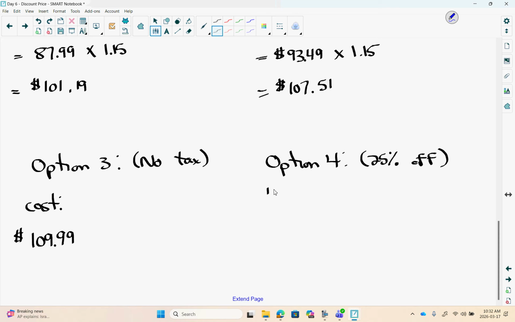So I would have to go 100% minus 25%. That would leave 75%.